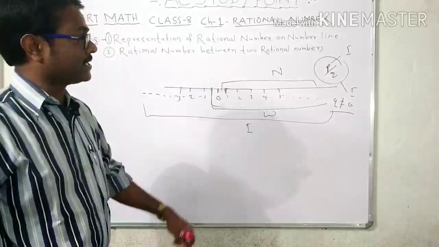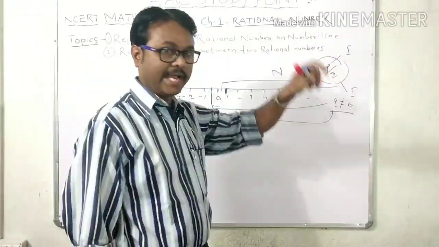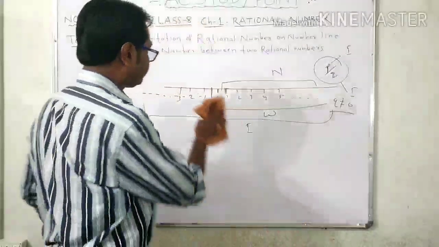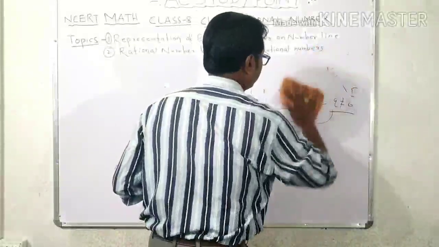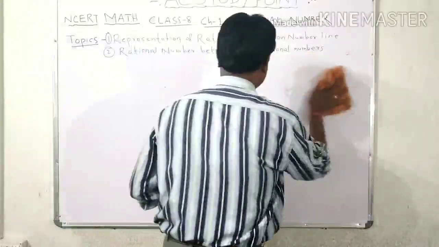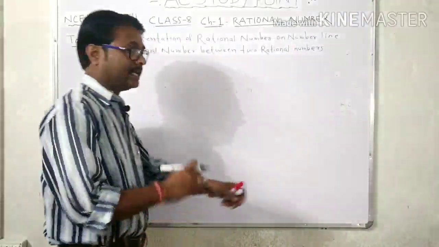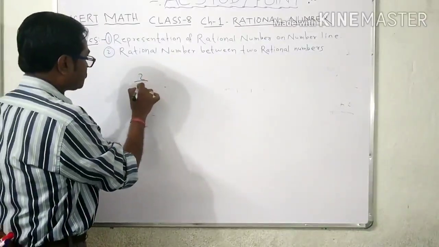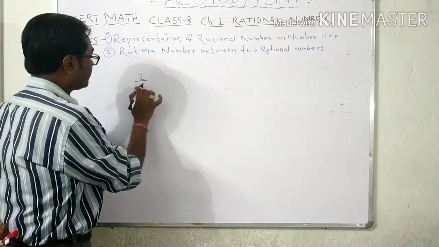Now come to the rational numbers in the form p by q. Suppose the rational number is 2 by 5.